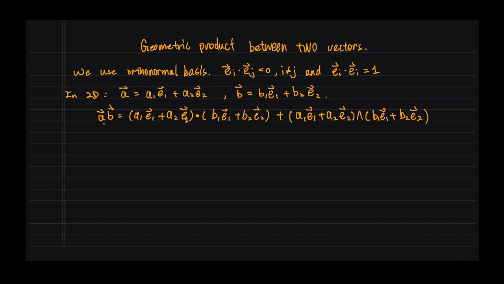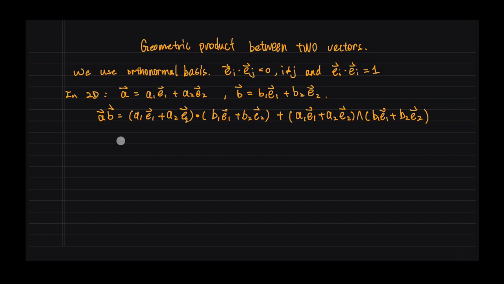As we have seen before, the definition of the geometric product between two vectors is to first calculate the dot product between these two vectors, plus the wedge product between these two vectors. So now we write A as A1 E1 plus A2 E2, and vector B as B1 E1 plus B2 E2, and take the dot product between them.